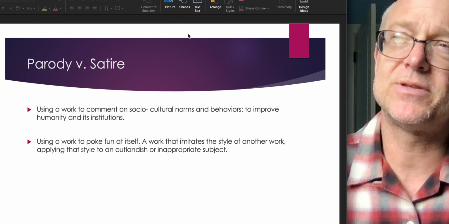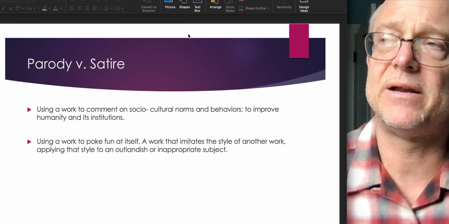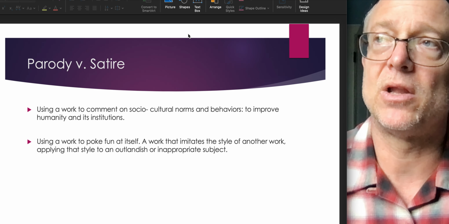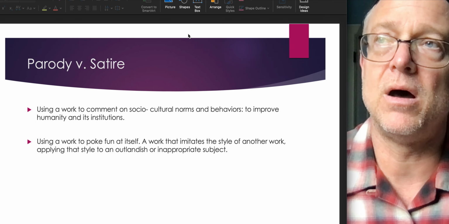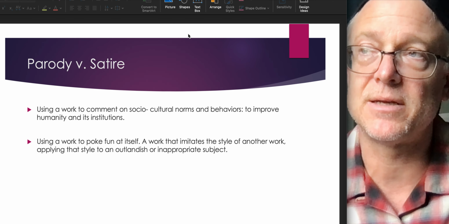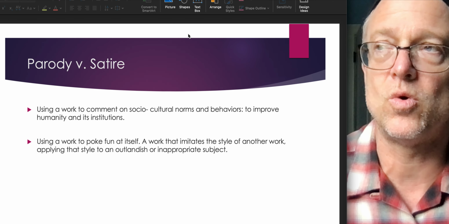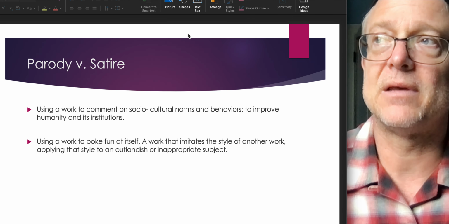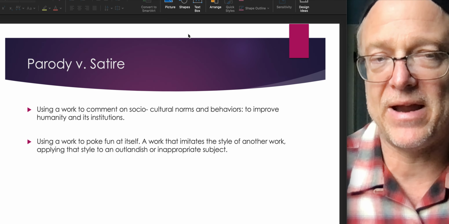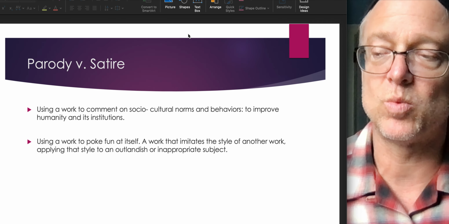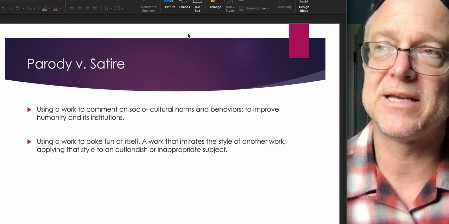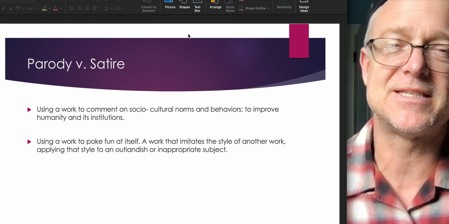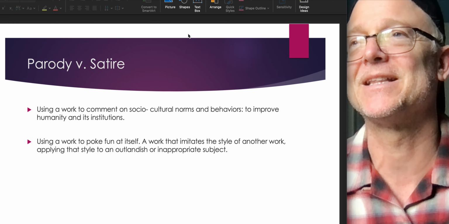The difference is that satire is using a work of art to make a larger critique of cultural customs or cultural behavior, of norms. That's not fair to borrow somebody's work in order to do that, right? But the law says you can borrow somebody's work to make fun of itself. And that's kind of an interesting thing, right?